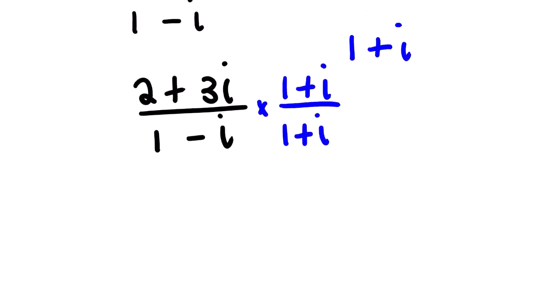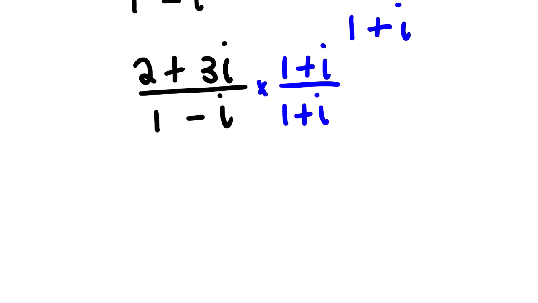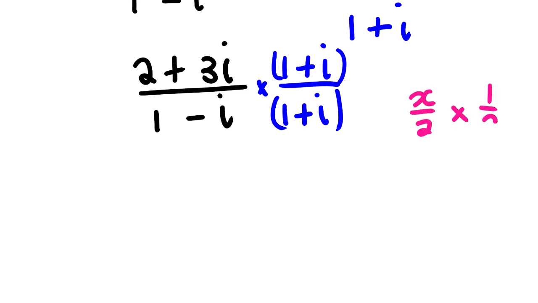And then from here, let us put brackets. So we know how to multiply a fraction and a fraction. Suppose we have x over 2 multiplied by 1 over 2.